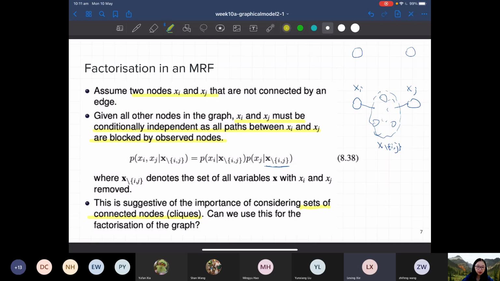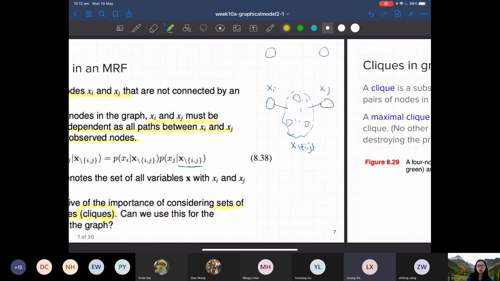If not, these are called cliques in graphs. The derived concept is that cliques are an important concept in Markov random fields, and there's also an algorithm called the junction tree algorithm for inference in graphical models, which also relies on cliques.